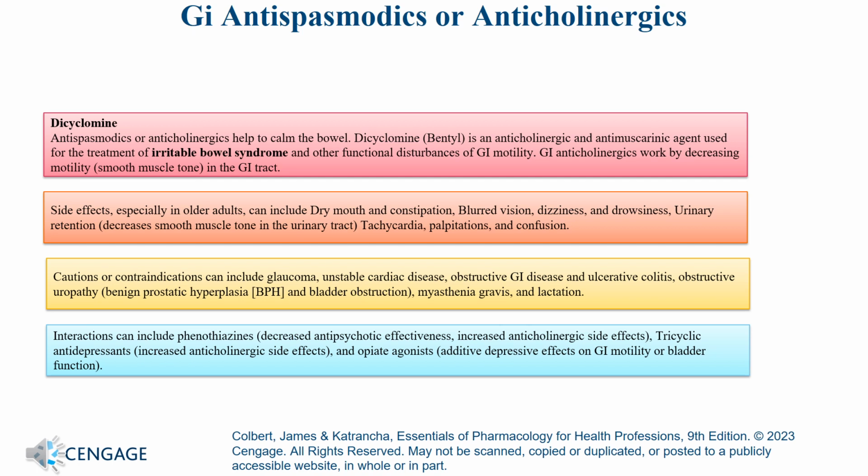Your cautions or contraindications can include glaucoma, unstable cardiac disease, obstructive GI disease, ulcerative colitis, obstructive uropathy, myasthenia gravis, and lactation. Your interactions with the medications are as you see on the screen.